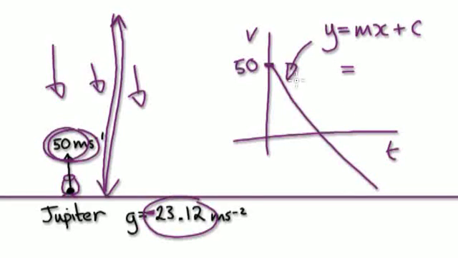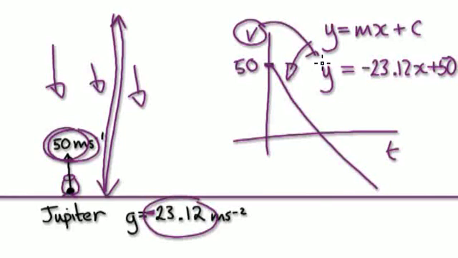So the equation for this straight line would be y equals negative 23.12x plus c. Well, c in this case is 50.